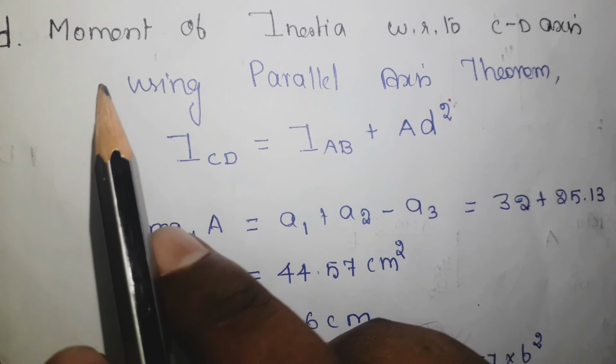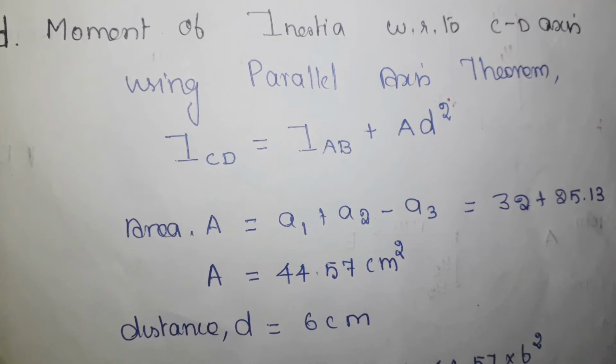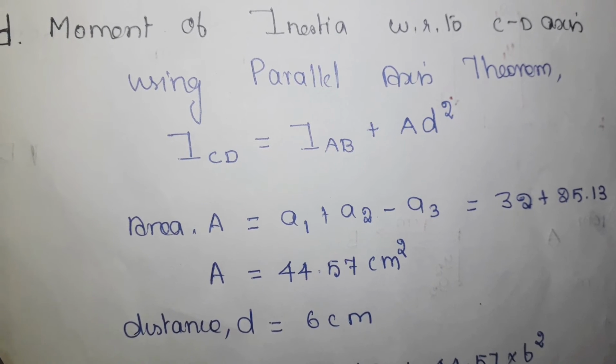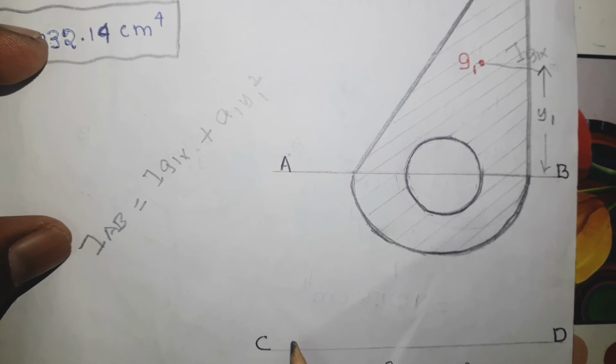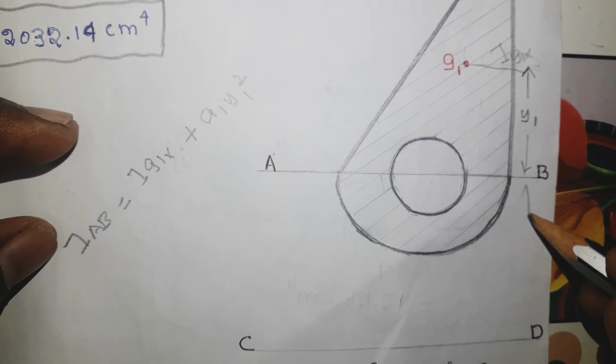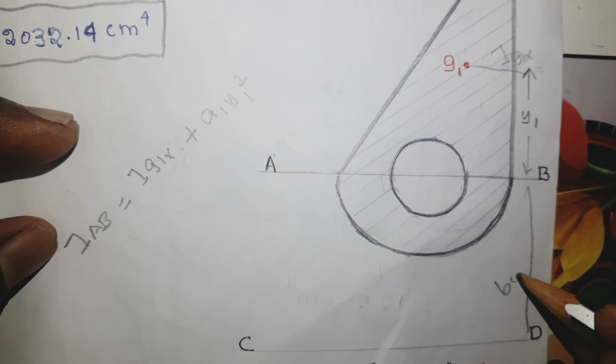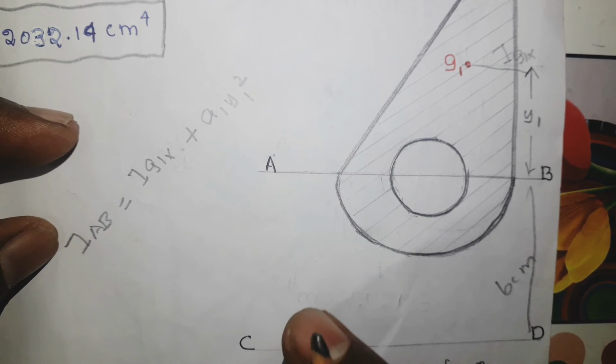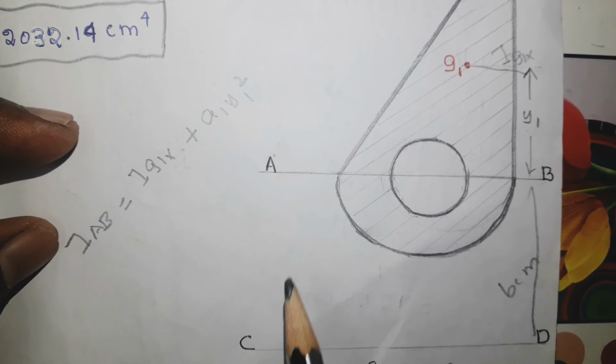The next one is I am going to find the moment of inertia with respect to the CD axis. You see here, this is the position of the axis CD. The distance between these two is 6 centimeter. Now you see here these two axes are parallel to each other, so I can use the parallel axis theorem.